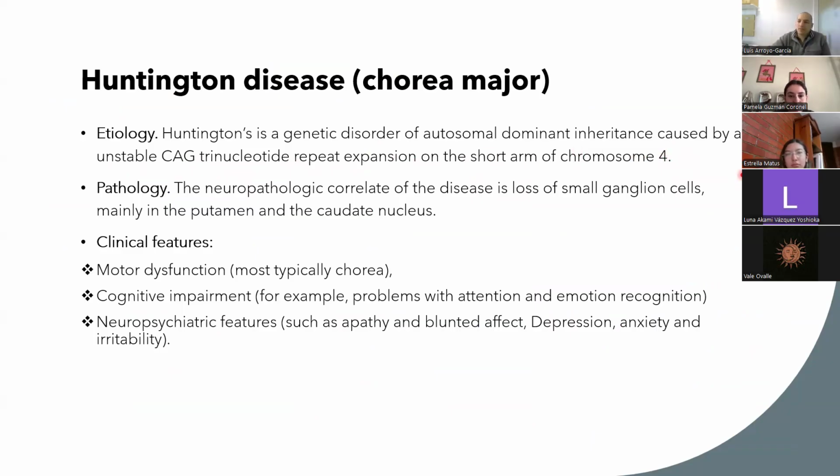And here is the important part: we have a loss of small ganglion cells in the putamen and the caudate nucleus of the basal ganglia.